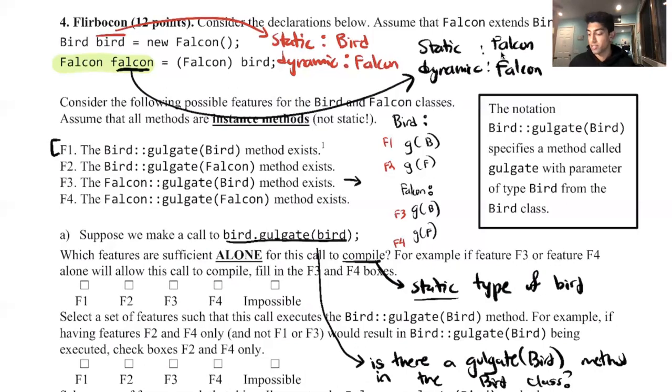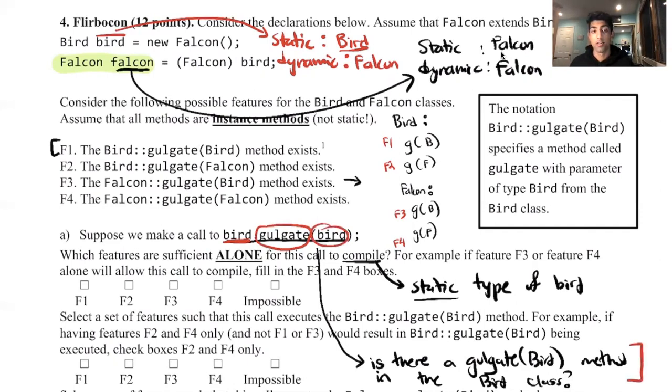So how did I jump to this conclusion? Bird is of static type Bird. So when this function call gets executed, we look in the Bird class for a gulgate method that takes in a bird. So all it's really asking is, is there a gulgate(bird) method in the Bird class?